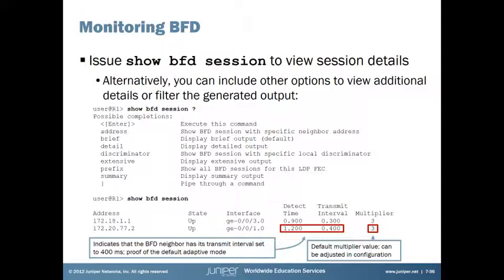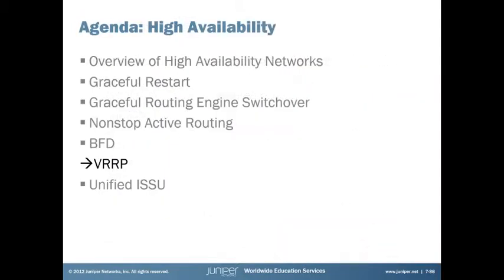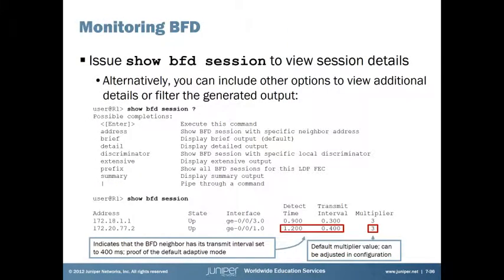It declares the link is down, informs the protocol, hey, the link's down, and the protocol automatically says, right, I've lost my link. So very, very quick. We can adjust the multipliers, and you can adjust the time as well. So very nice feature to very quickly detect a down link.